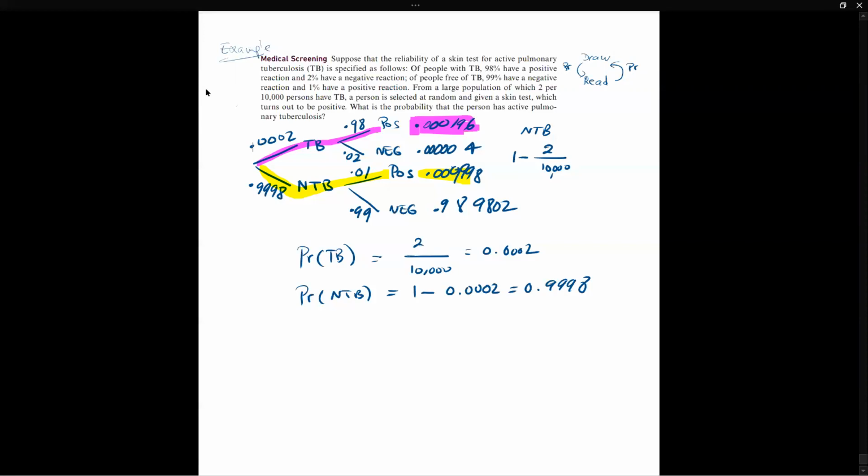So the probability that the person has active pulmonary tuberculosis, all right, saying it a few times now that starts to work, right, is a conditional probability, of course.